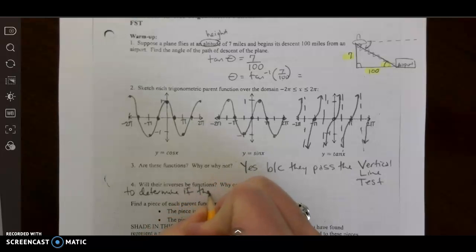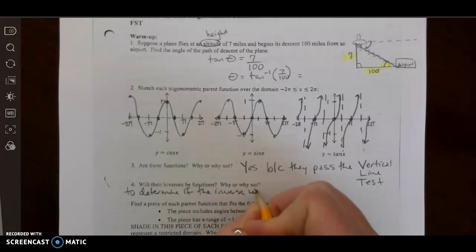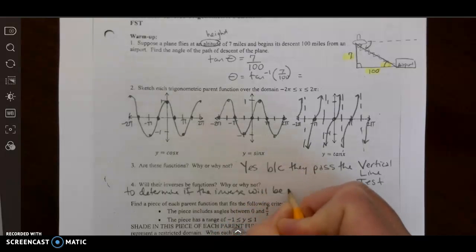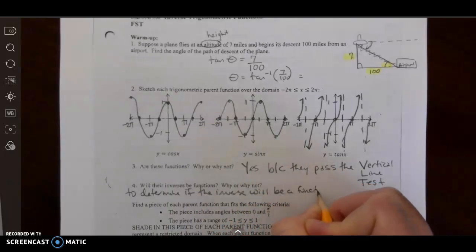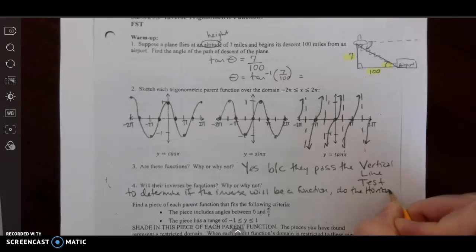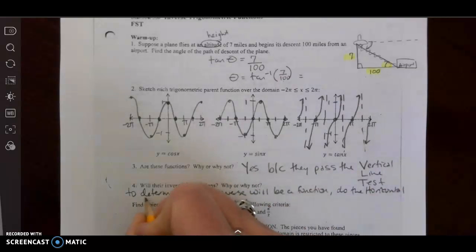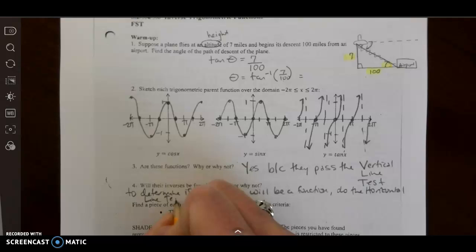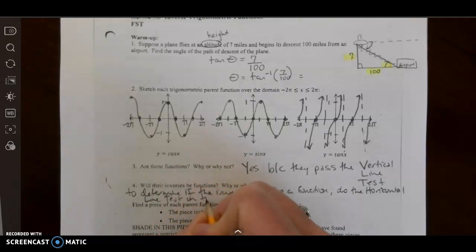to determine if the inverse will be a function, do the horizontal line test on the original. Not on the inverse, on the original.